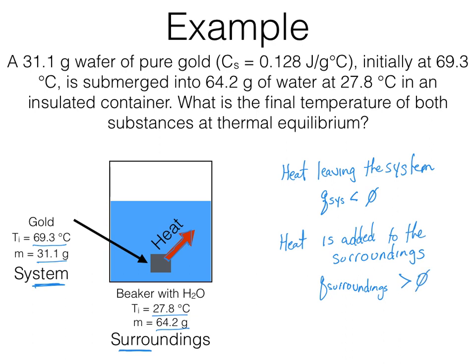And so we can write this as negative Q of the system is equal to the positive Q of the surroundings. Now, we also know that Q is equal to the mass times the specific heat times the change in temperature.